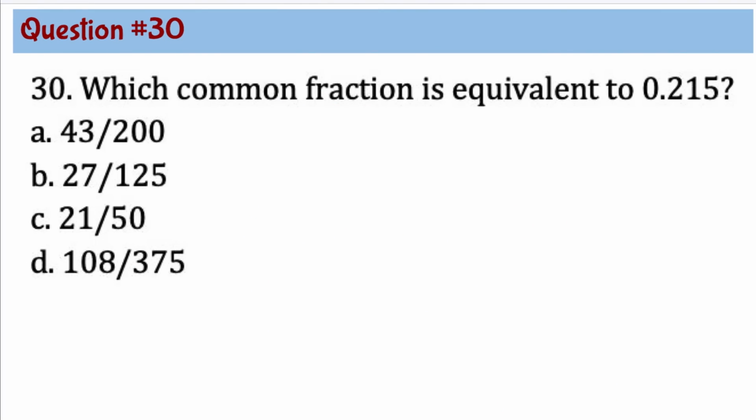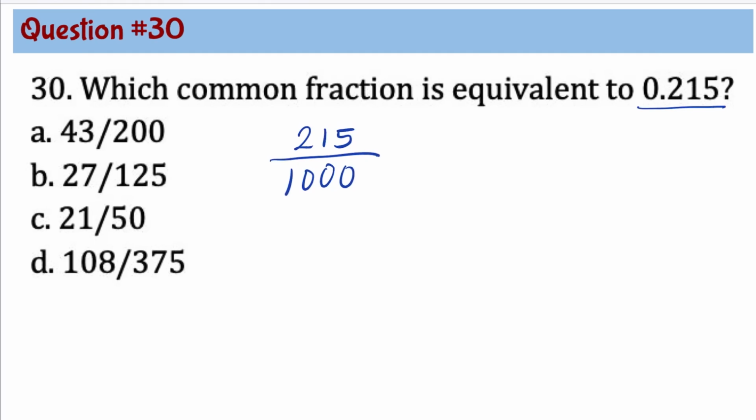Question number 30. Which common fraction is equivalent to 0.215, or we read that as 215 thousandths? So since there's 3 decimal places, this decimal can be written as 215 over 1,000, or that is 215 thousandths.